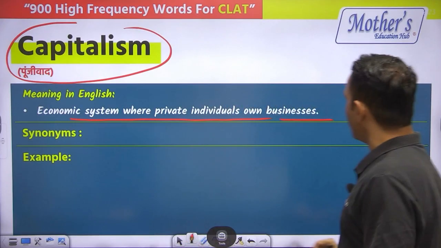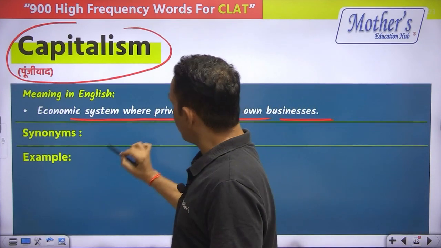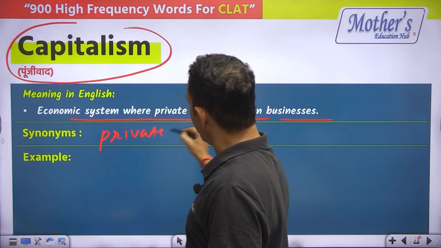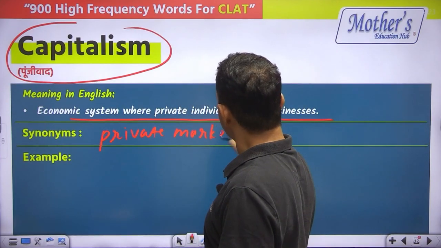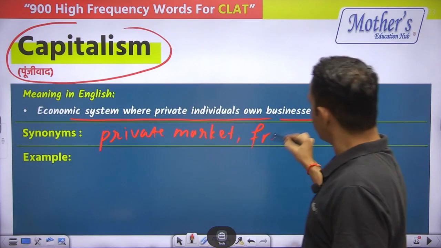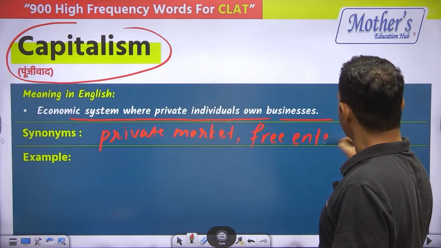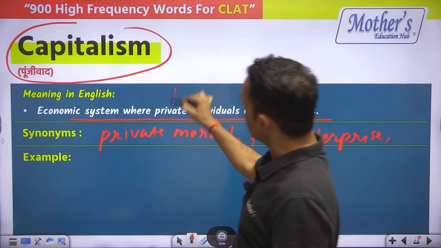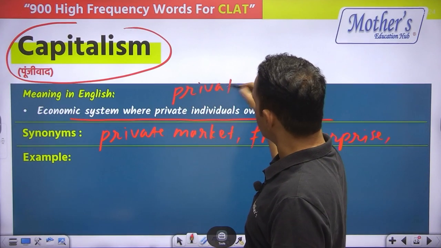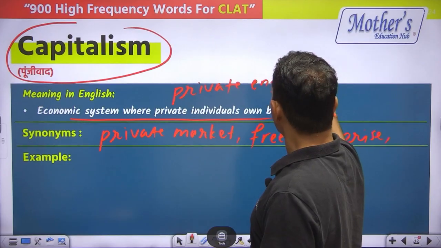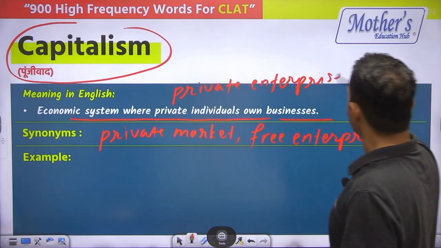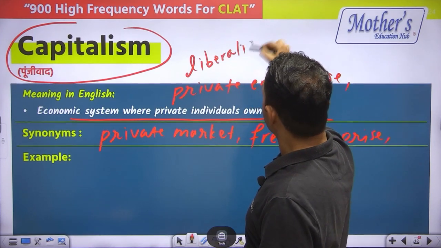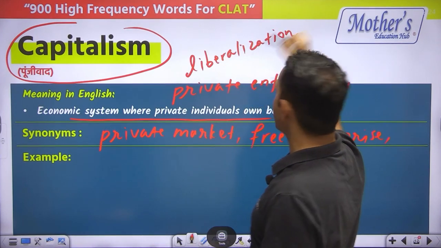And the similar words are private market, free enterprise, private enterprise, liberalization. All these words carry the same meaning.